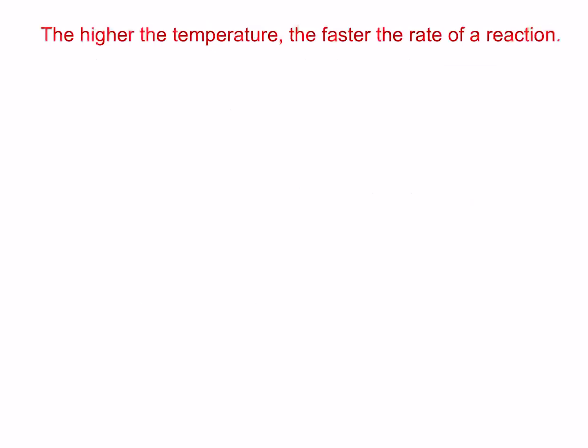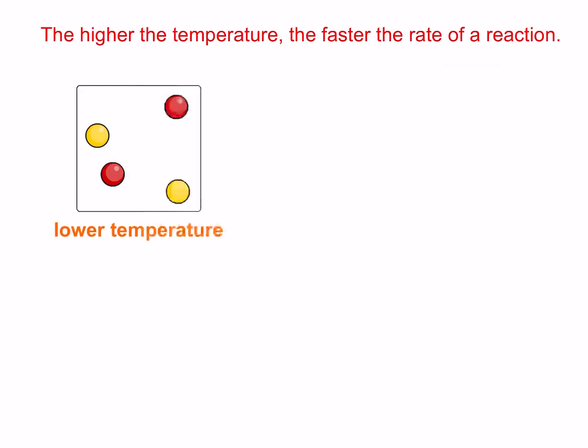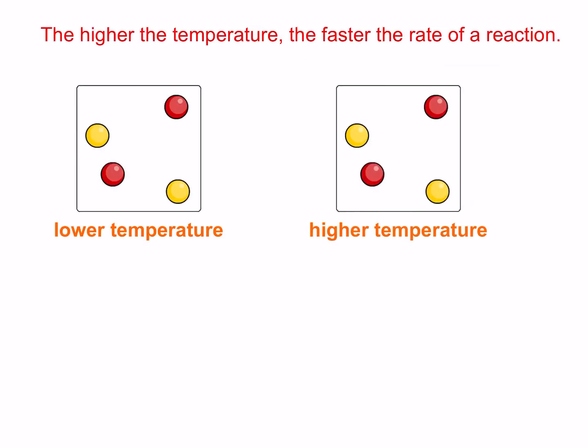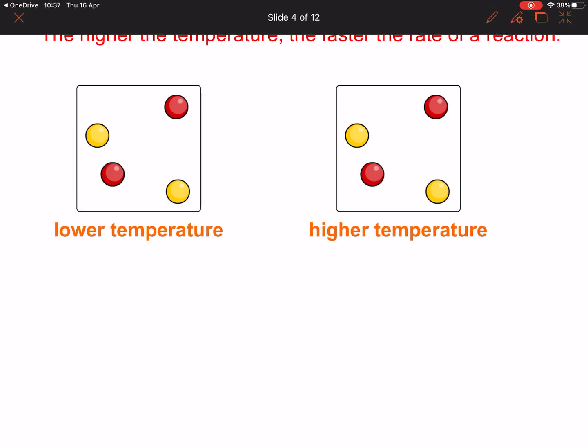We're going to draw the two pictures that we've drawn a few times before. We've got the particles at a low temperature and the particles at a higher temperature. Now what you'll notice, at low temperature or high temperature, what hasn't changed? The number of particles. We're not making more particles now. But at high temperature, what's the difference with these particles?